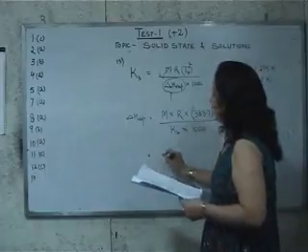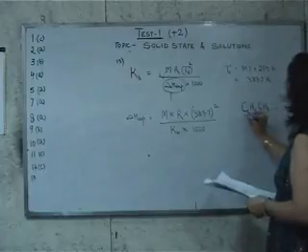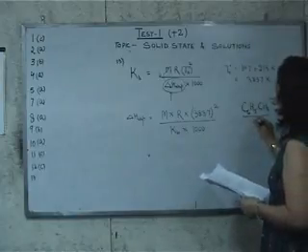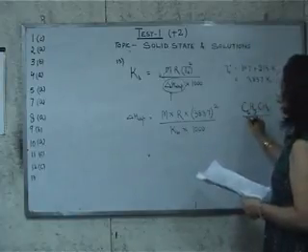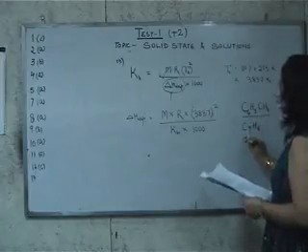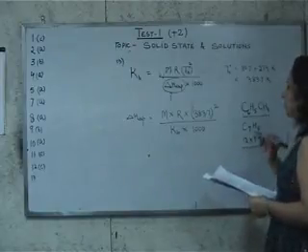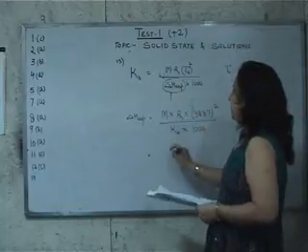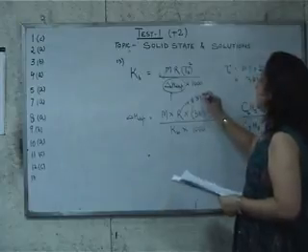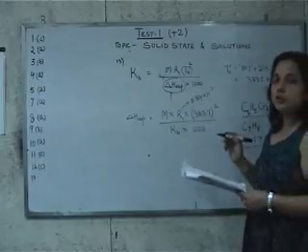The value of M here is for toluene, C6H5CH3. Its molecular mass can be calculated. We have C7H8, 12 into 7 plus 8, which comes out to be 92. Put the value of M. R used is 8.314 into 10 raised to power minus 3, because our options are in kilojoules.